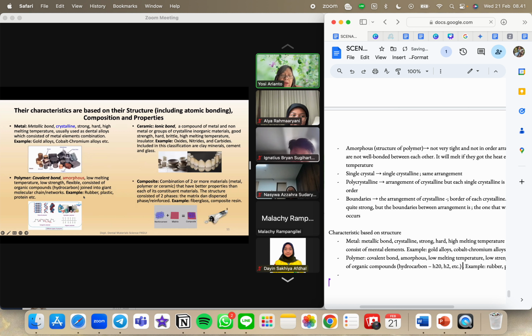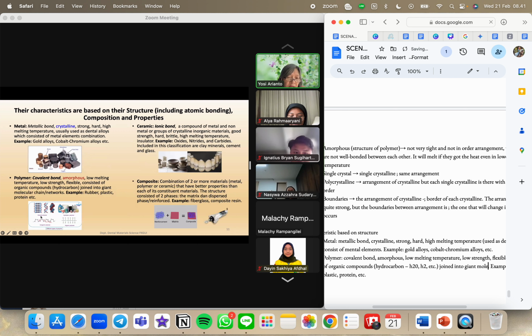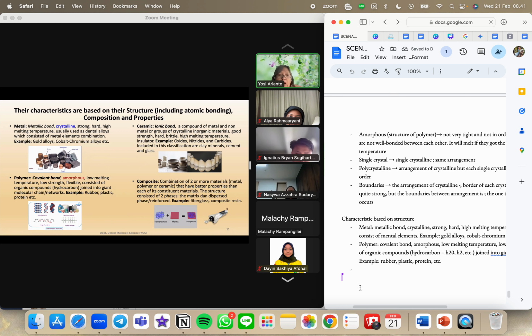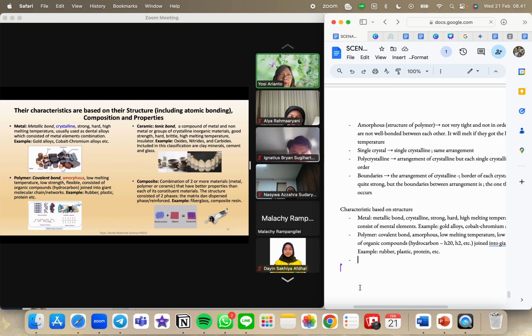Examples are rubber, plastic, protein, etc. You have natural polymers, like rubber, which is from plants, and others from bees or also from plants. And then you have synthetic polymers.